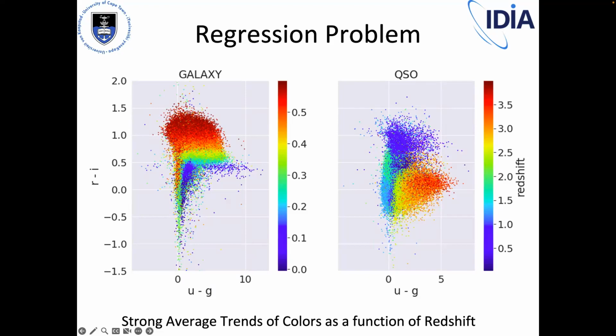So in this case, these are galaxies, and galaxies with redshift 0 are here, whereas galaxies with redshift 4.5 are up here. QSOs, note that they spread a very large redshift range because QSOs are much brighter, so they can be seen at very large distances.